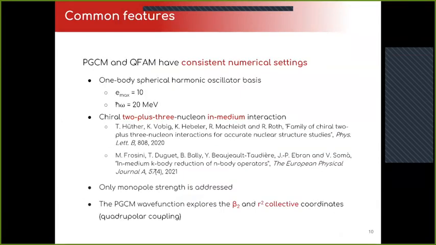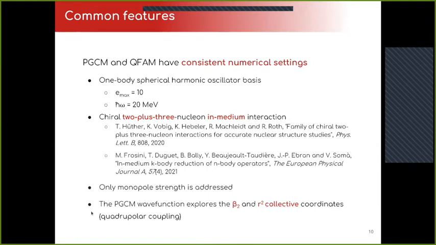Before showing the results, let me point out that both these methods have consistent numerical settings, which means that I've been using the same features for the selected one-body spherical harmonic oscillator basis, for example, and also the same interaction. The interaction is a chiral 2+3 nucleon in-medium interaction, which is a very state-of-the-art interaction.